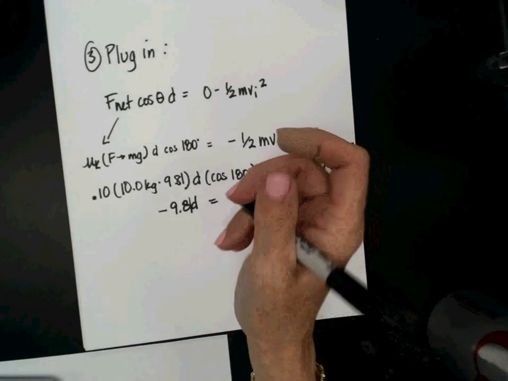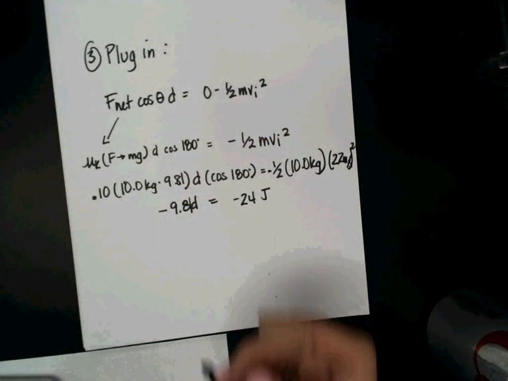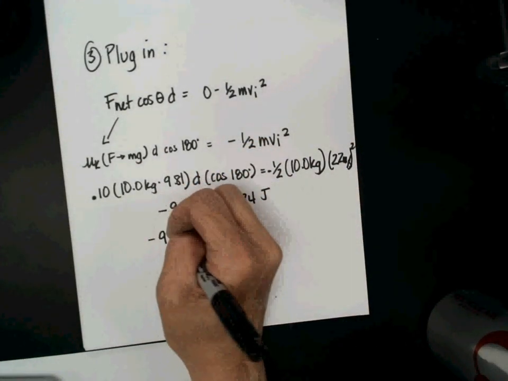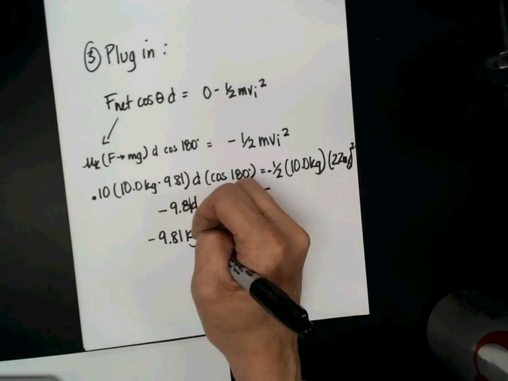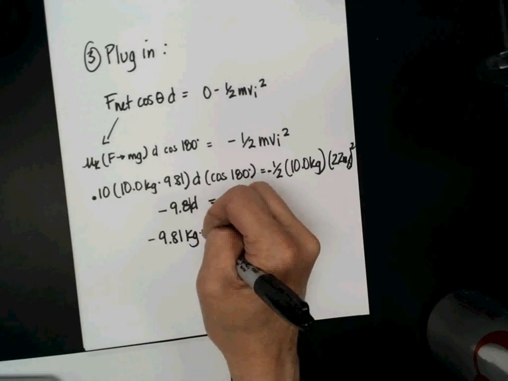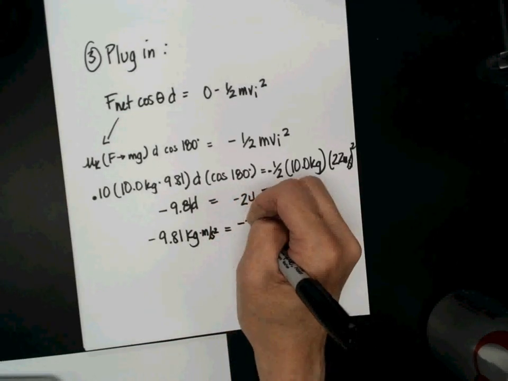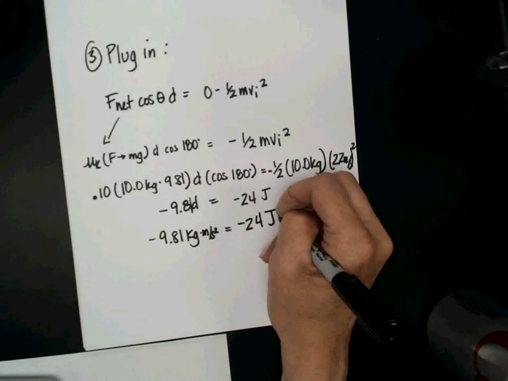And this would be negative 9.81 kilograms times meters per second squared equals 8.4 joules.